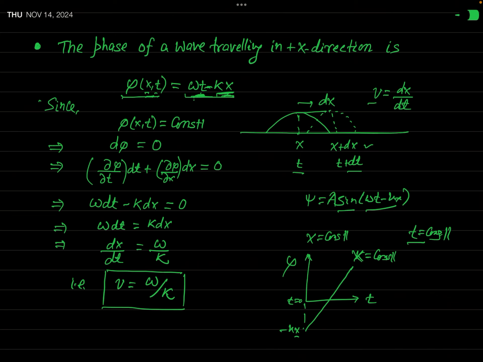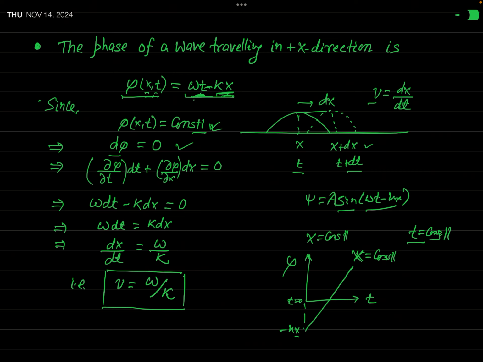Okay. But in the course of motion, this phase remains constant. And if phase phi of x,t remains constant, then its change, or you can say its differential, must be equal to 0. Taking this idea into account, we can easily find the expression for wave velocity or phase velocity.